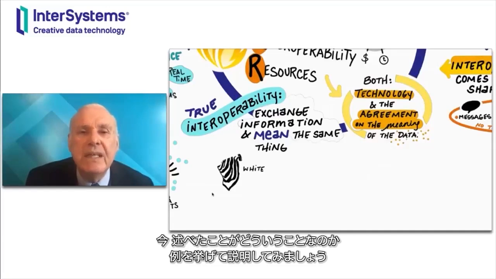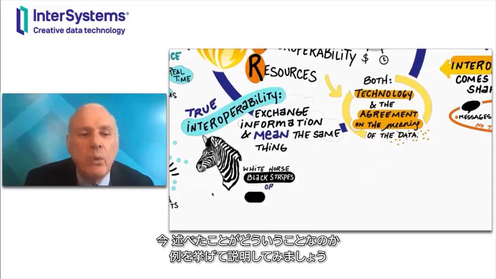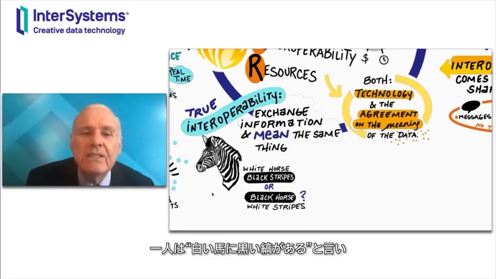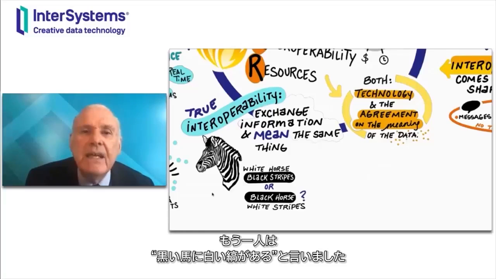So let me give you an analogy for what that implies. Suppose 2 individuals had never seen this animal before, and one of them says it's a white horse with black stripes, and the other one says it's a black horse with white stripes.